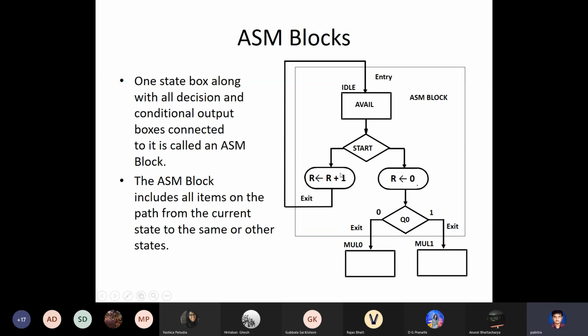All this input checking will happen in the same clock cycle. And all the outputs, if there are some outputs turned on, either unconditional or conditional, Moore type or Mealy type, all these outputs will happen in the same clock cycle. So in the same clock cycle, the state is attained, these inputs are checked, these outputs are given, all this register transfer takes place, and in the next clock cycle, it will move to the next state.